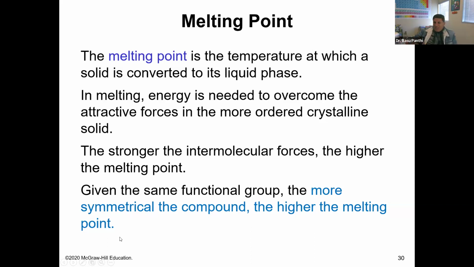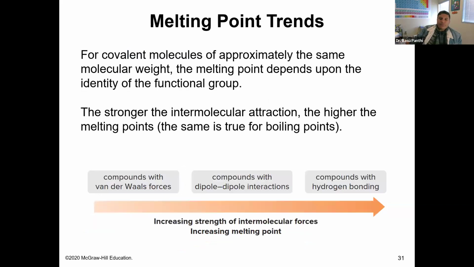Because symmetrical, just think about this one. Symmetrical is kind of spherical. So we can pack the symmetrical circles very well inside. So they have a higher melting point, not for the boiling point. For compounds, it's a similar trend with the Van der Waals force, dipole, and hydrogen bonding: it increases.